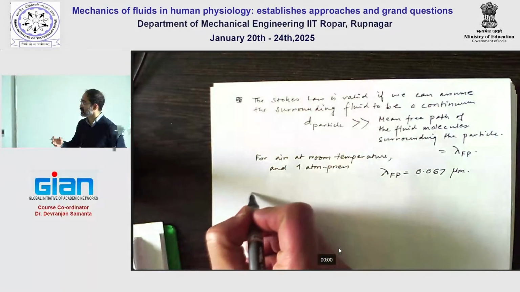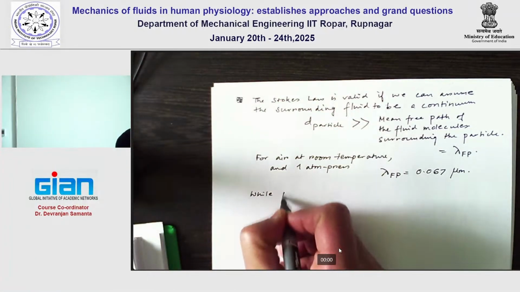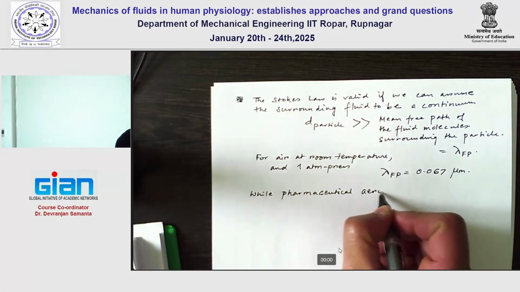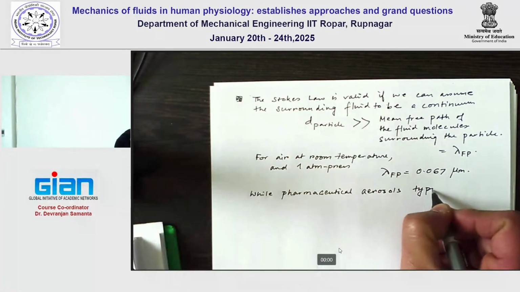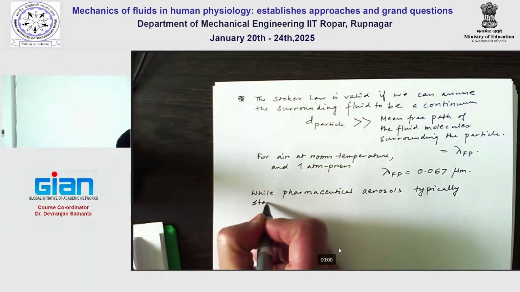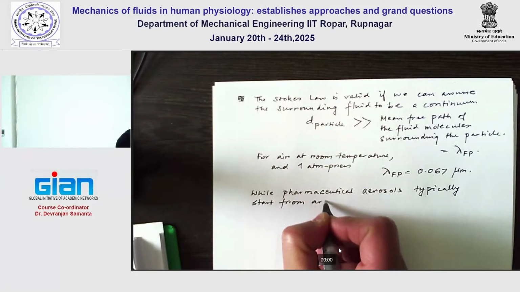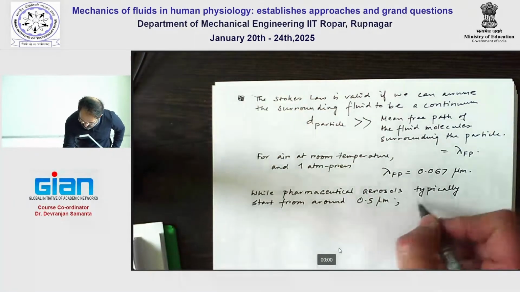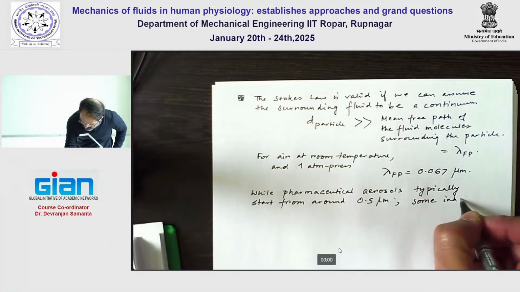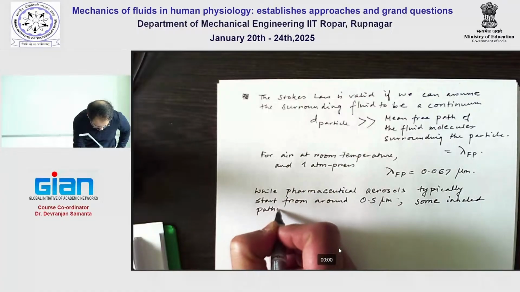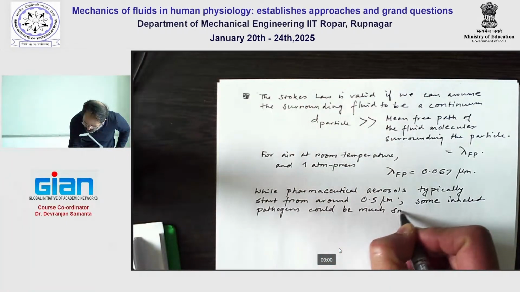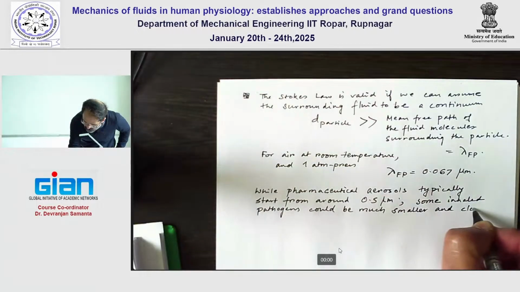So, while pharmaceutical particles or aerosols typically start from around 0.5 micron, some inhaled pathogens could be much smaller than that as well, and closer to even this lambda FP.